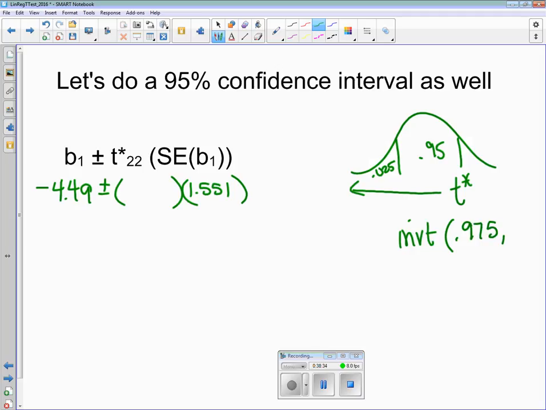My degrees of freedom is 22. You should get this number. Double check that you do.